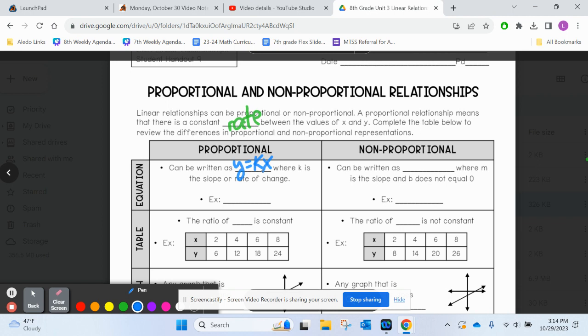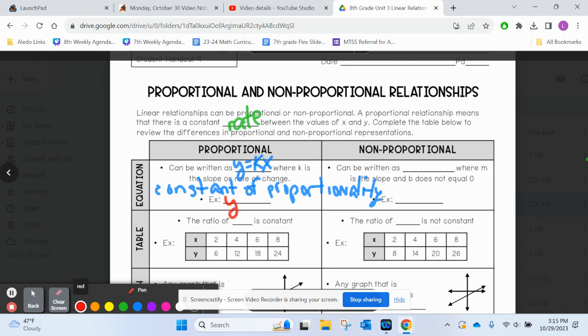We also call that the constant, the constant of proportionality. That's what the k is. It's also the slope or rate of change, but it's also called the constant of proportionality.